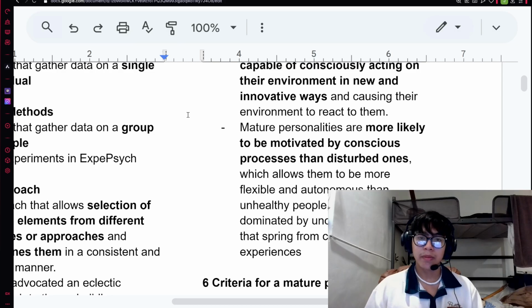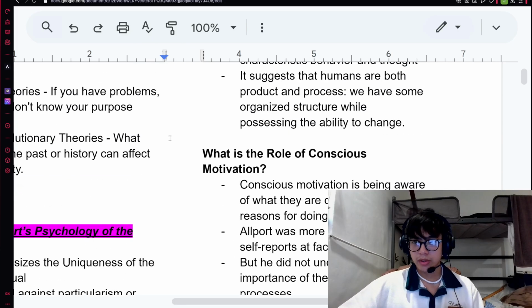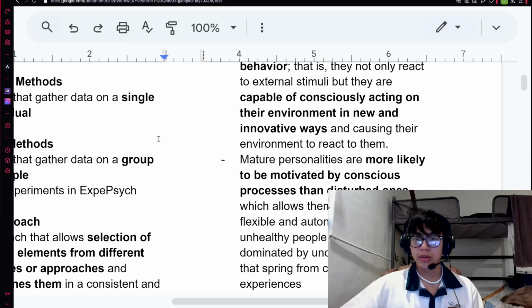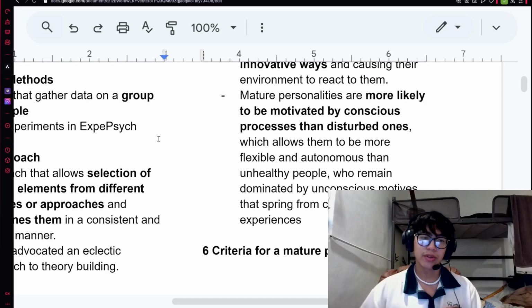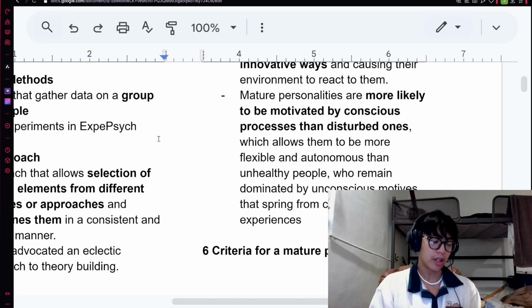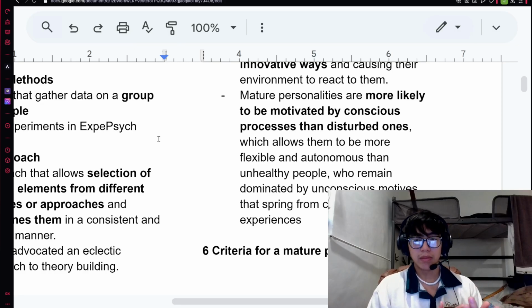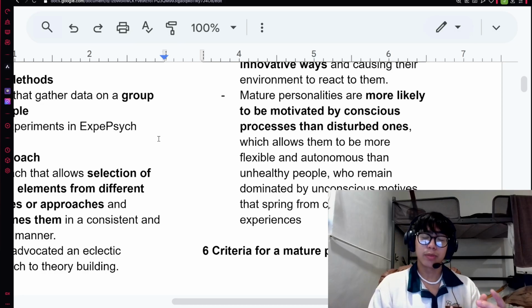It's kind of the same. It's basically the concept of conscious motivation, where was it, conscious motivation? Yeah, basically the explanation of conscious motivation. So if you're a healthier person or a mentally mature person, then most of your actions would be motivated by conscious motivation rather than spacing out and just floating, basically.